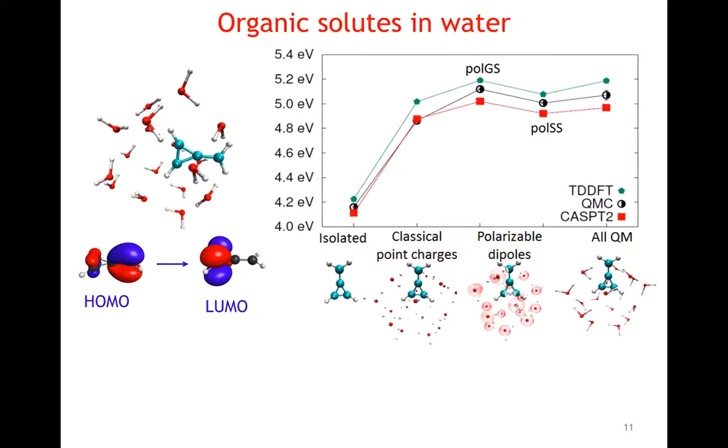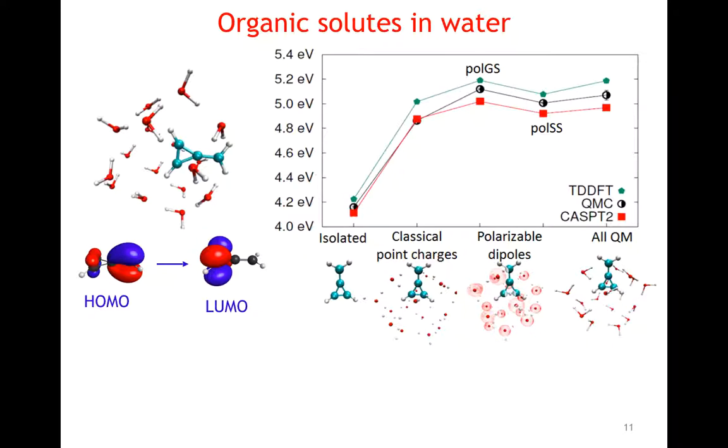As I said, the excitation energy computed using classical point charges has a certain error with respect to the reference values that we are trying to improve using polarizable dipoles.